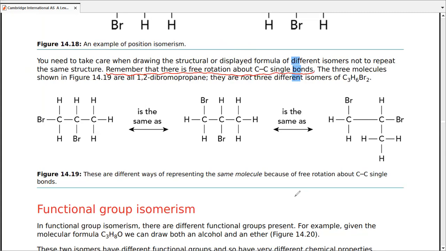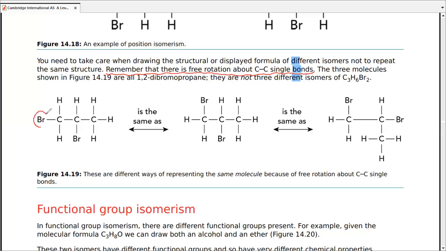Remember, there is free rotation about carbon-carbon single bond. Now, this specific line gives us the idea and the leverage of writing any atom at any position, but at the same time, this gives us the boundaries of judging them on the basis of chemistry, whether they are right or not. Now take a look.